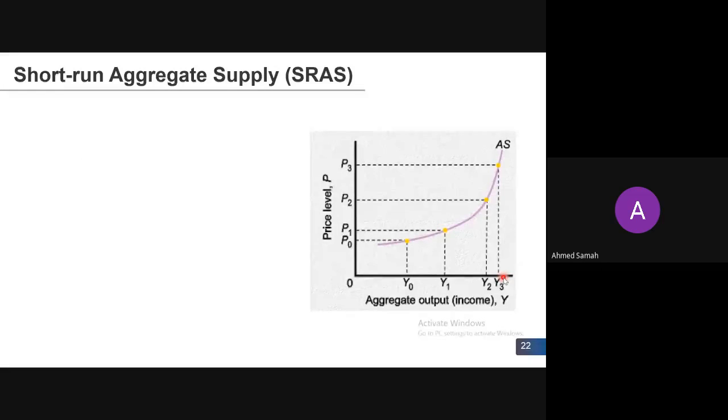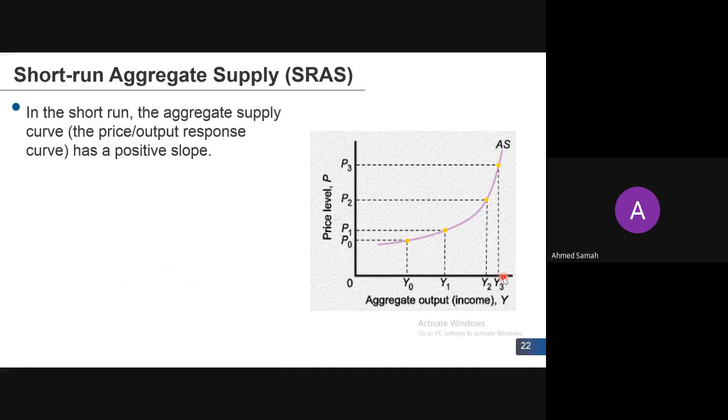As I have said, there is a short-run aggregate supply curve and a long-run aggregate supply curve. First we will talk about the short-run aggregate supply curve. In the short run, the aggregate supply curve has a positive slope. It shows the relationship between prices and output level.